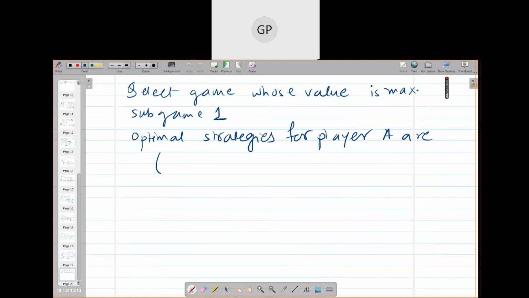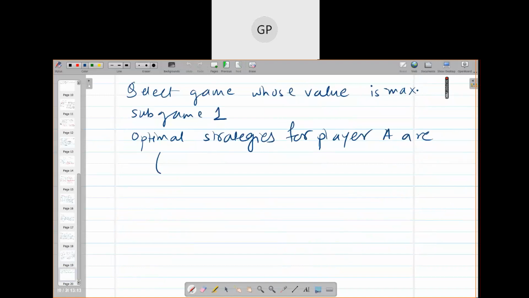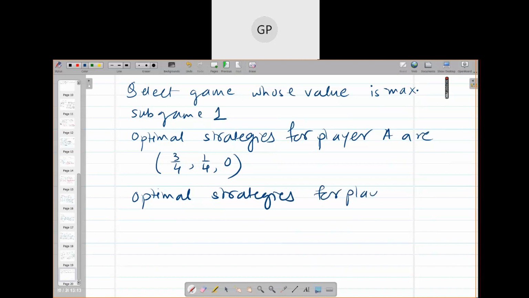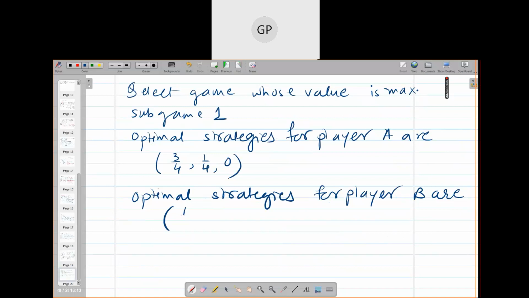So the probabilities are 3 by 4, 1 by 4, 0. Then optimal strategies for player B are 1 by 4 and 3 by 4.